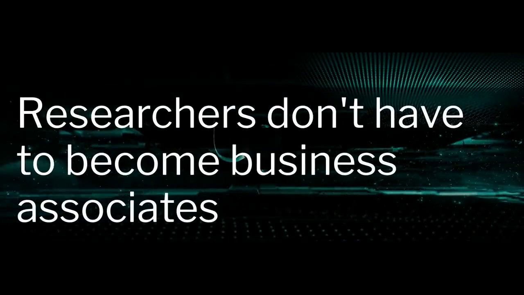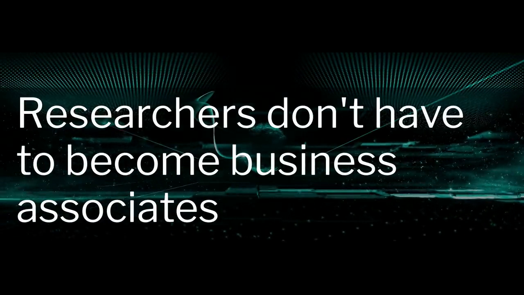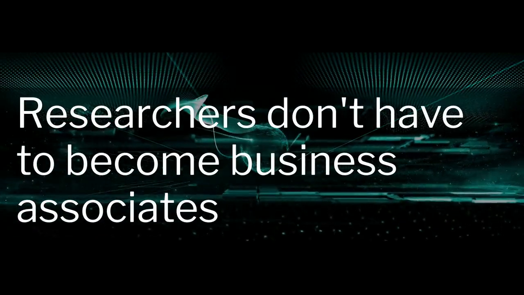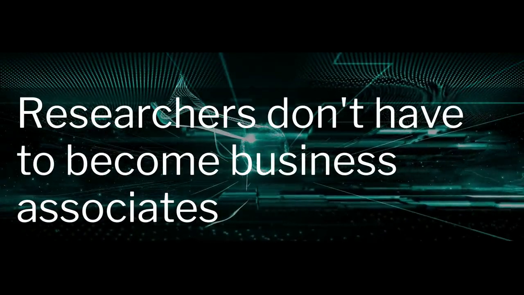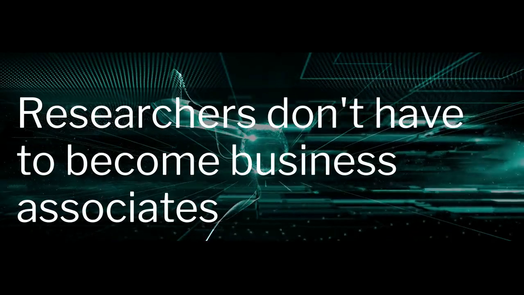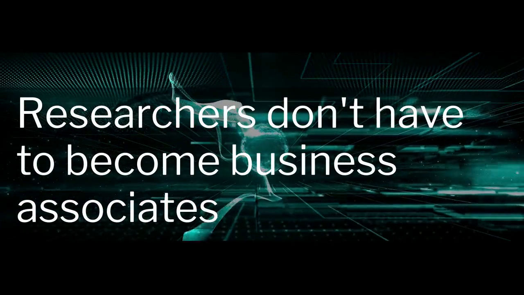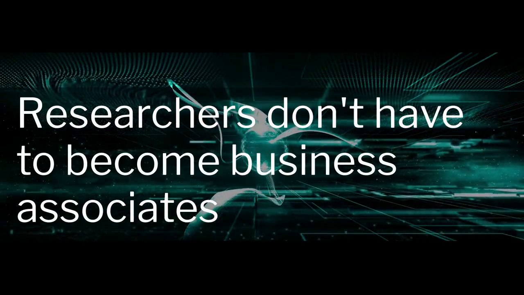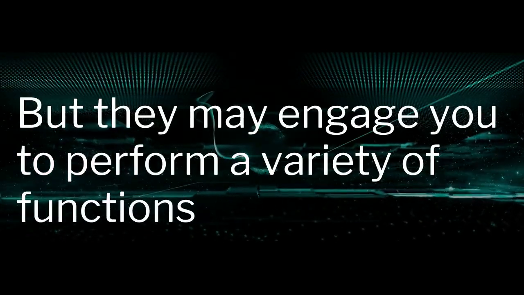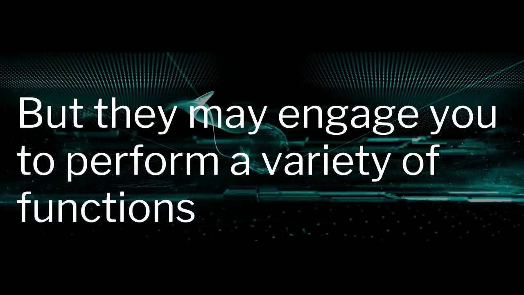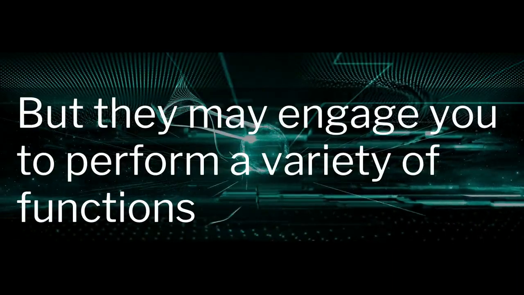Because the HIPAA administrative simplification rules do not directly regulate research activities, the privacy rule does not require a researcher or a research sponsor to become a business associate of a covered entity for research purposes. However, a covered entity may engage business associates to assist in a host of functions that researchers may perform.